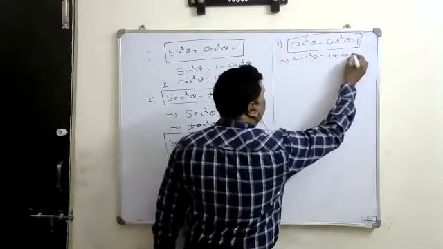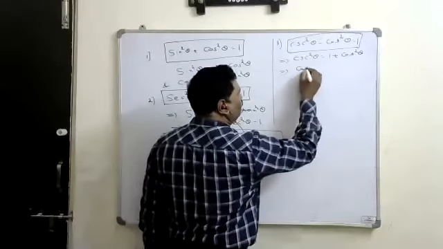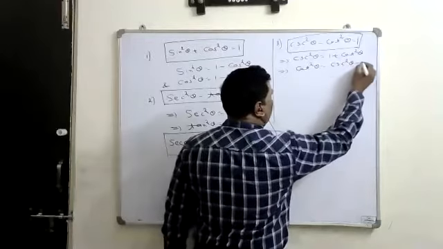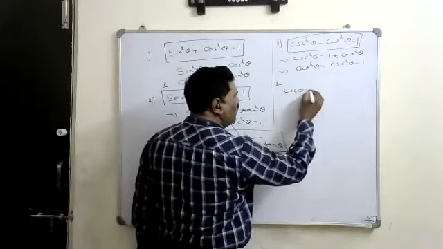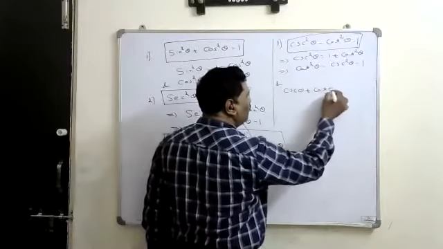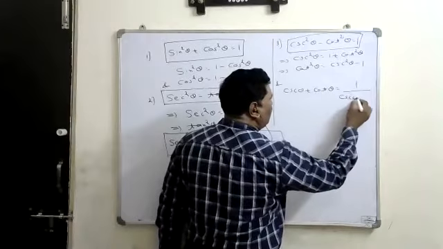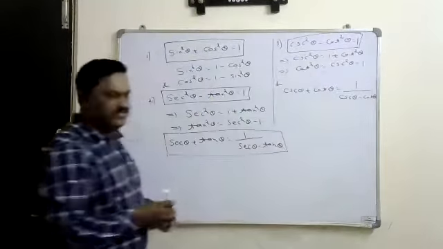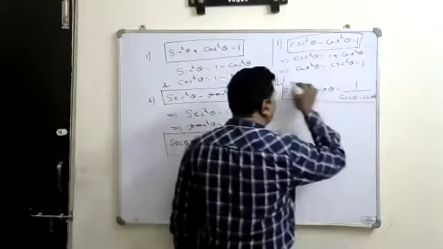And from this, cot square theta is equal to cosecant square theta minus 1. And from this also, cosecant theta plus cot theta we can write as 1 upon cosecant theta minus cot theta. Okay, like that we can express it. So this is the third identity.